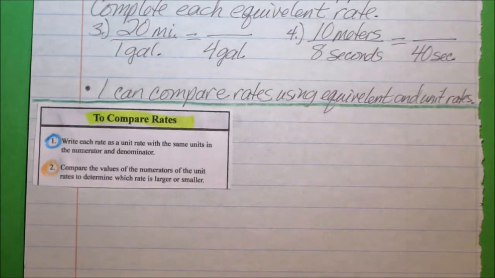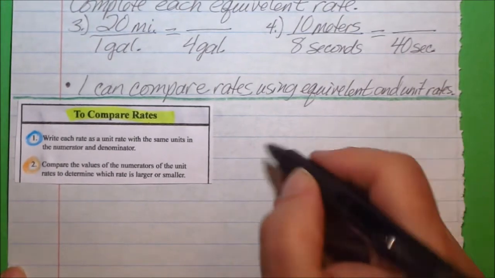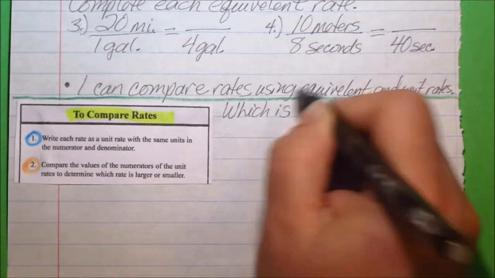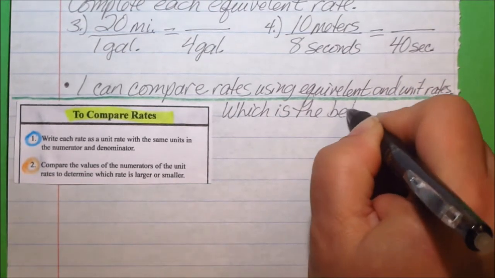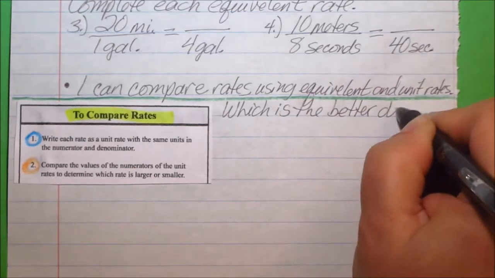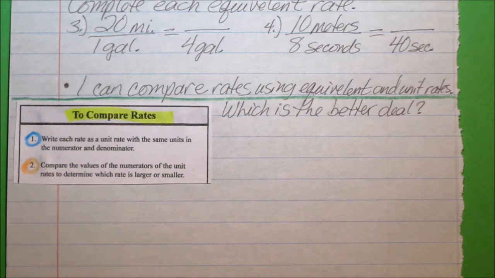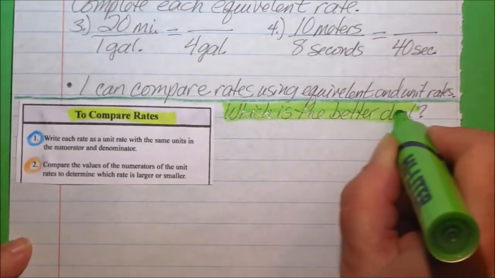All right, so the first example of that we will do is, which is the better deal? All right, and I'm going to take my green highlighter. This is example 1, which is the better deal.